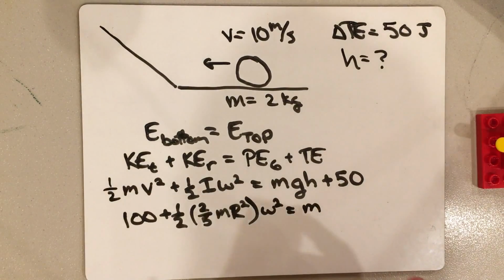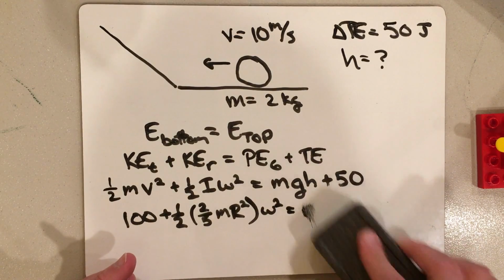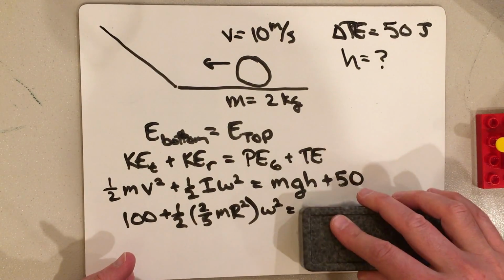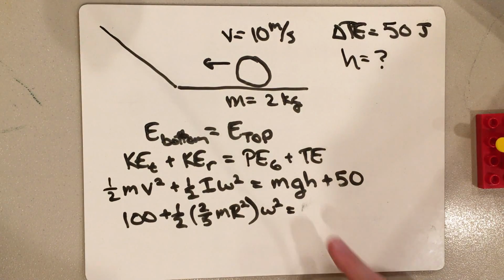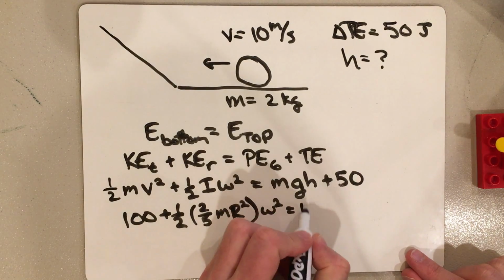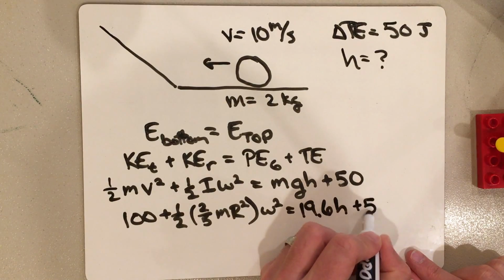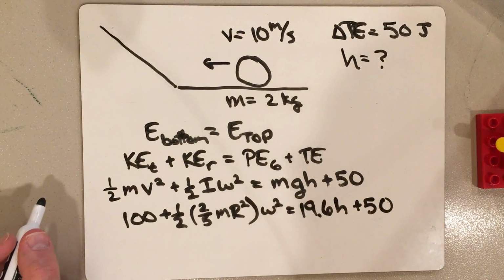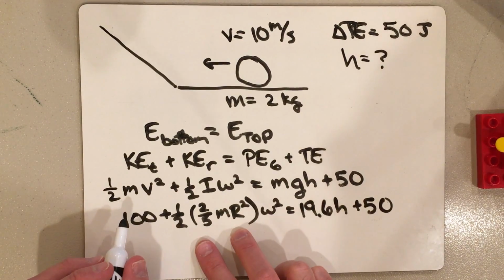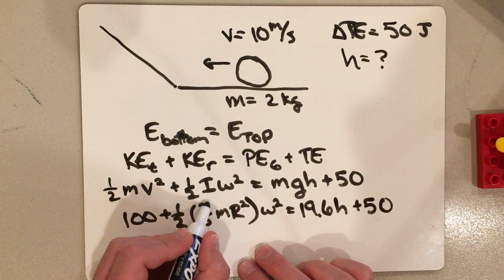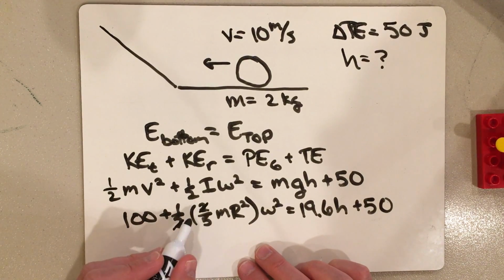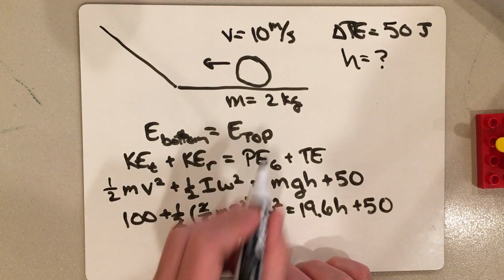Oh, I know the mass, so we might as well take care of this. We know that the mass is 2, and 2 times 9.8 is 19.6. Now right here, you can see these 2's are going to cancel. I'm going to be left with 1/5 times my mass, which is 2.